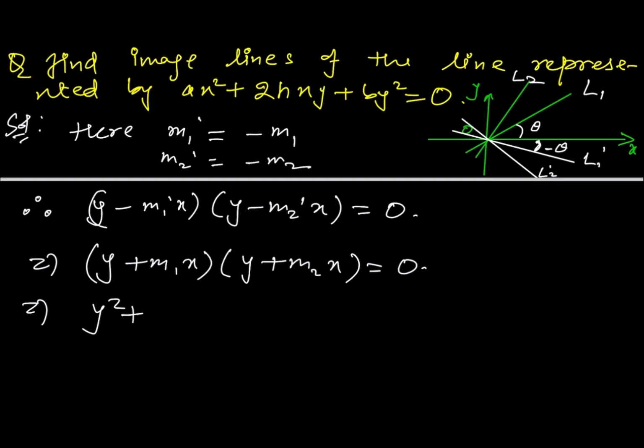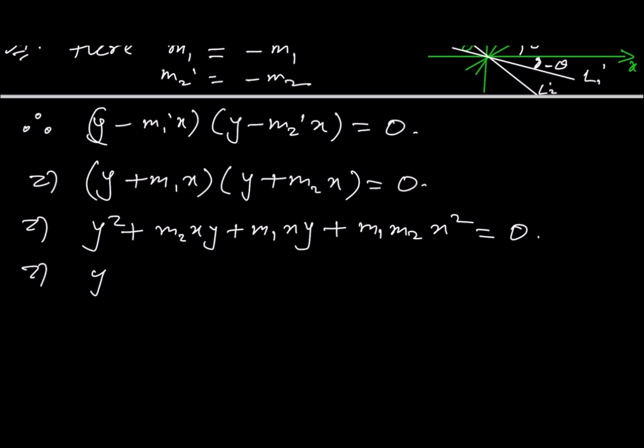m2xy plus m1xy plus m1 m2x square is equal to 0. So y square is as it is, m1 plus m2 times xy. m1 plus m2 is minus 2h by b xy plus m1 m2 is a by b, so a by b x square is equal to 0.